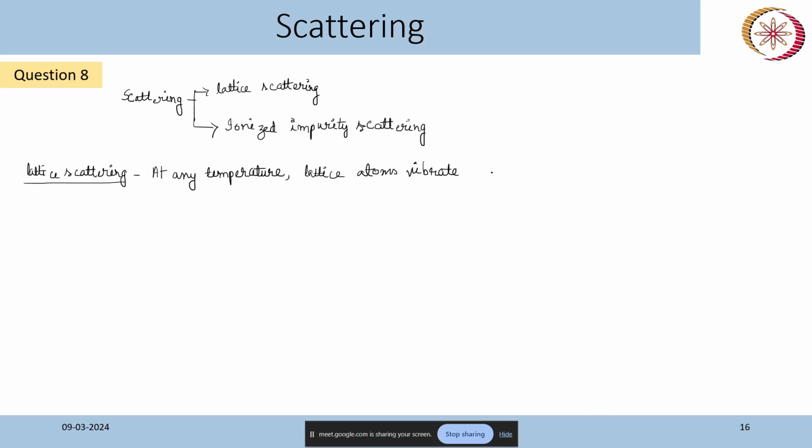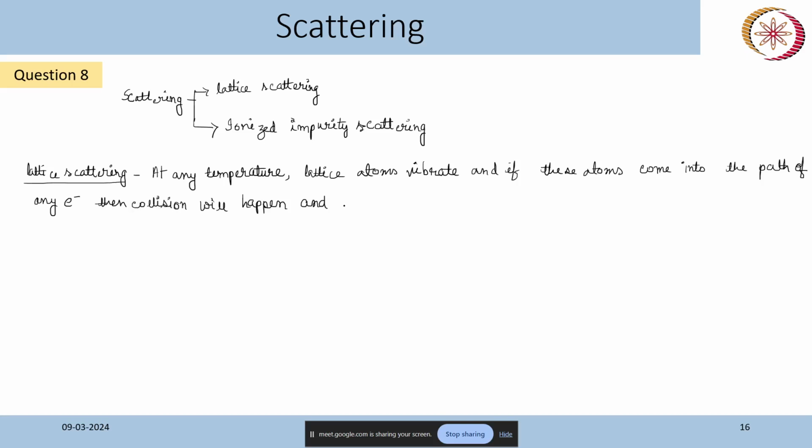And if these vibrating atoms come into the path of any moving electron, then a collision will happen, and the carrier velocity gets randomized. It will change the carrier velocity.